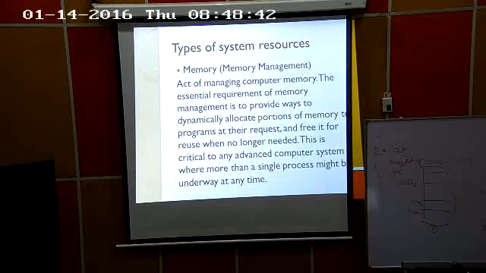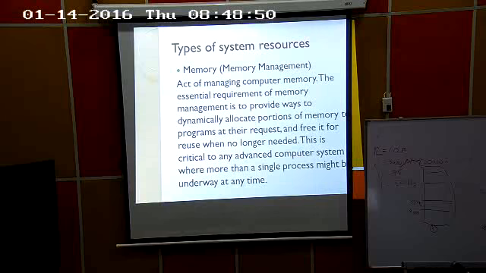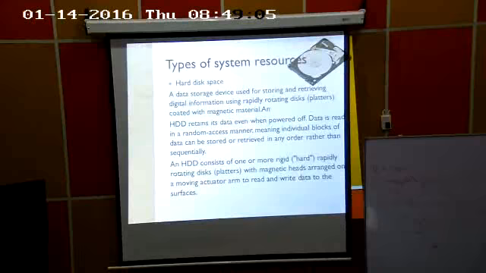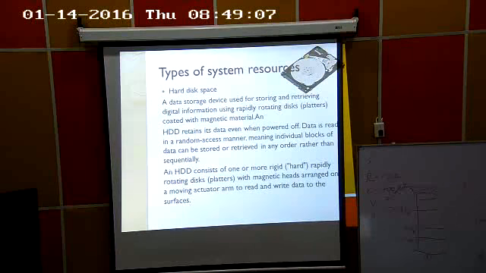Managing memory is critical to any advanced computer system when more than a single process may be underway at any time. Another type of system resource is secondary memory.